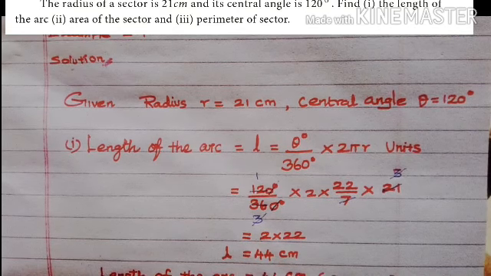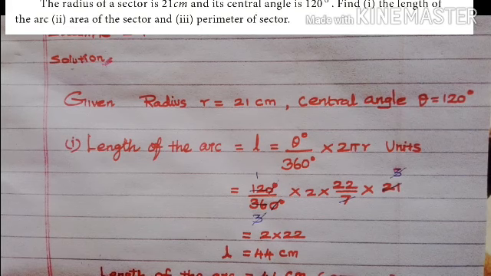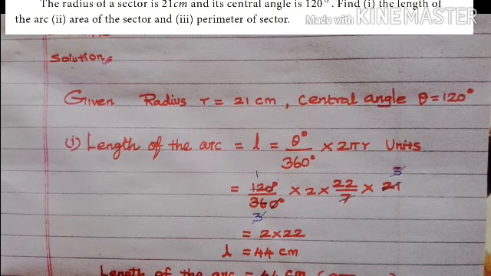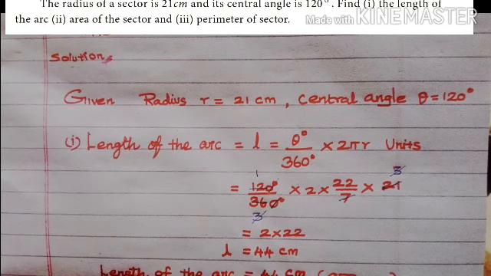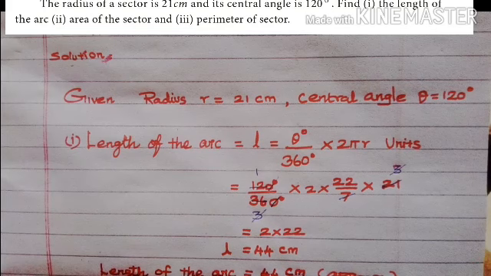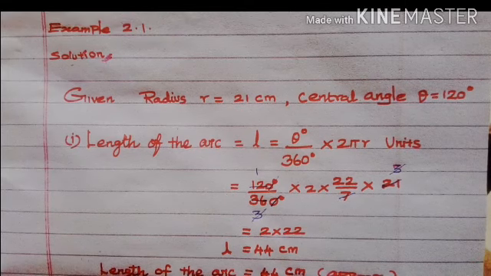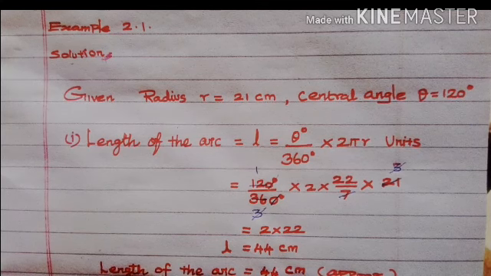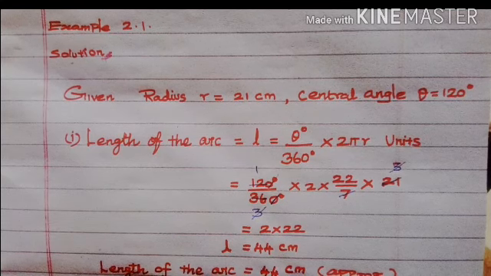Here we substitute theta value as well as pi and r values. Theta value is 120 degree divided by 360 into 2 into pi value 22 by 7 into r value 21.